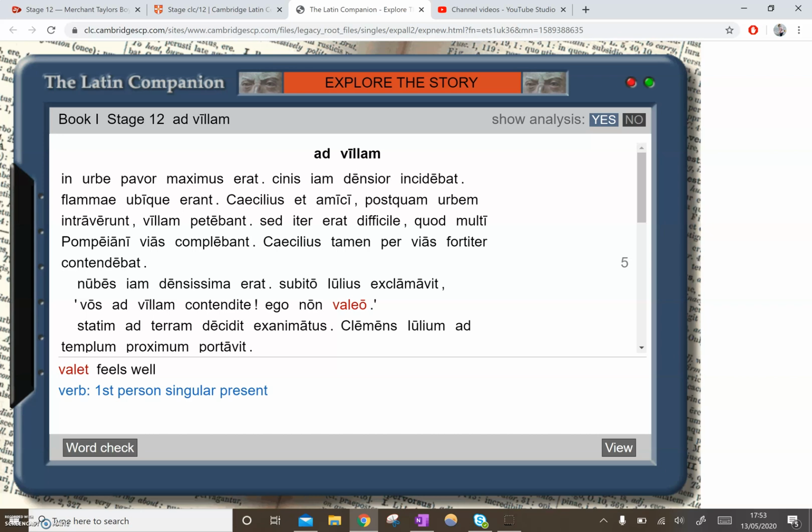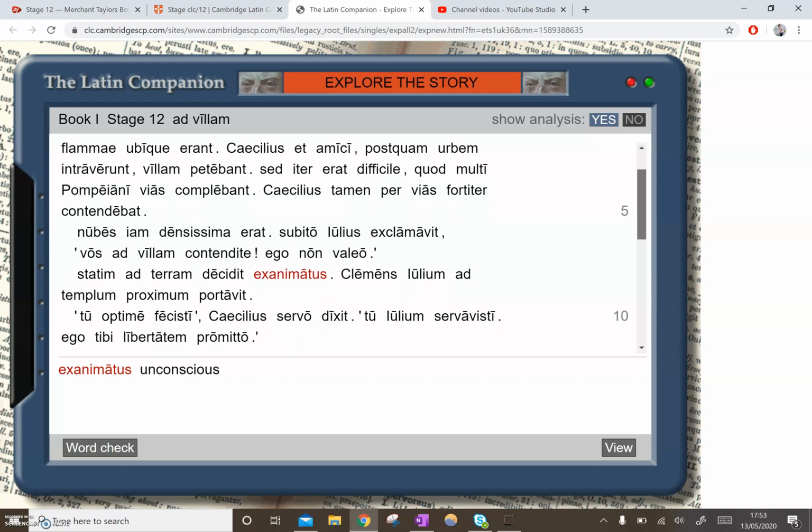Okay, so that ends in O, so it's an I verb. At once, he fell down unconscious. Exanimatus literally means out of his spirit. So he fell down unconscious to the ground. Clemens carried, portavit, perfect tense, Julius to the nearest temple, templum proximum.